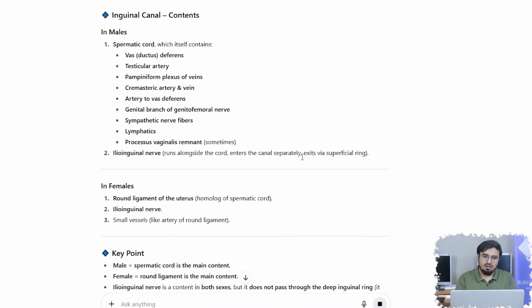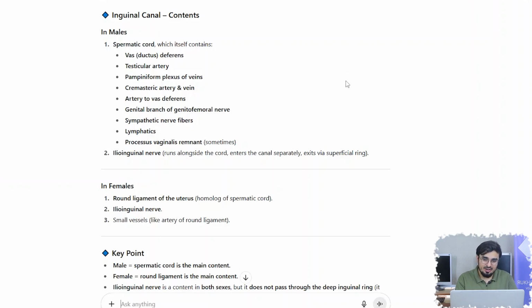Okay, about the contents of inguinal canal, I'm going to take help of ChatGPT. The structures are going to be different in males and females. In males, the most important structure is the spermatic cord, which allows passing of vas deferens. Vas deferens is a channel for sperms to make their way from testicle to external urethral meatus.